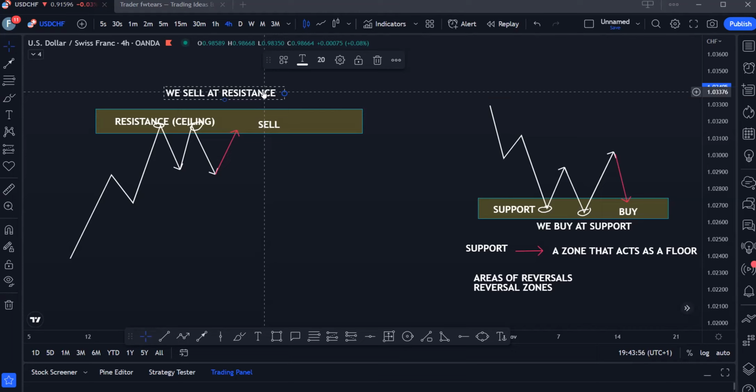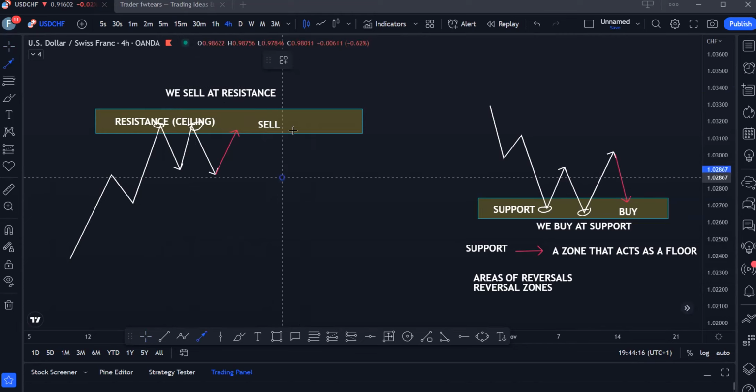Again, for emphasis sake, support and resistance is not a trading strategy. It just helps you identify possible zones that you can take entry, because support and resistance zones can be broken. Price can go up and break this resistance zone.